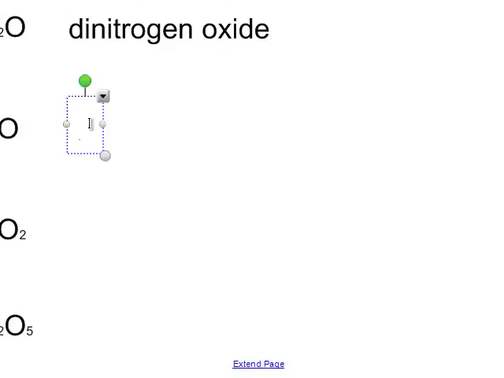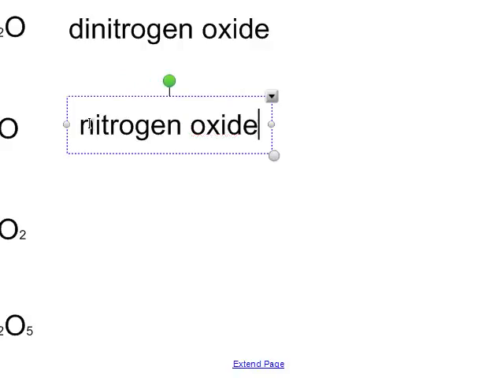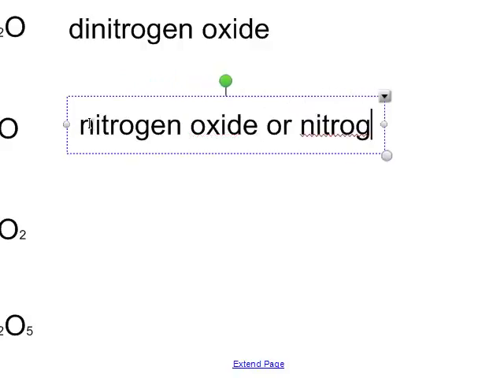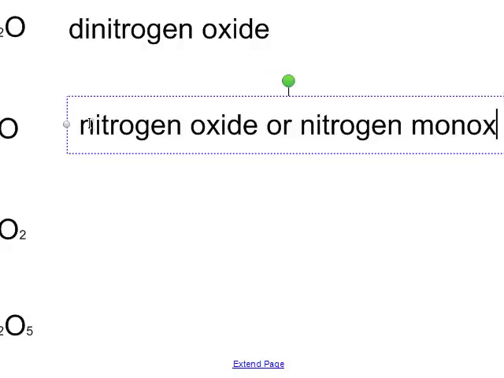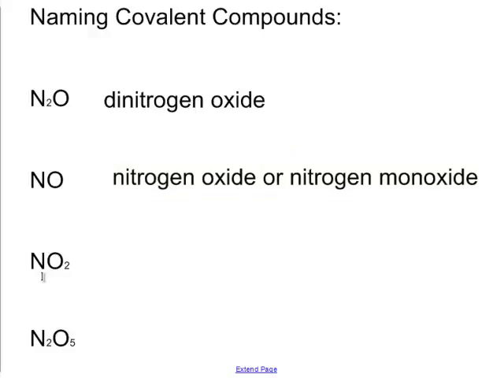I have 1 nitrogen, so just nitrogen, and 1 oxygen, so oxide, or this is where I can use the prefix monoxide. Sometimes the mono is not used, it's just implied that it's 1, but sometimes they do use it, like carbon monoxide, to stress that it's just 1 atom of oxygen.